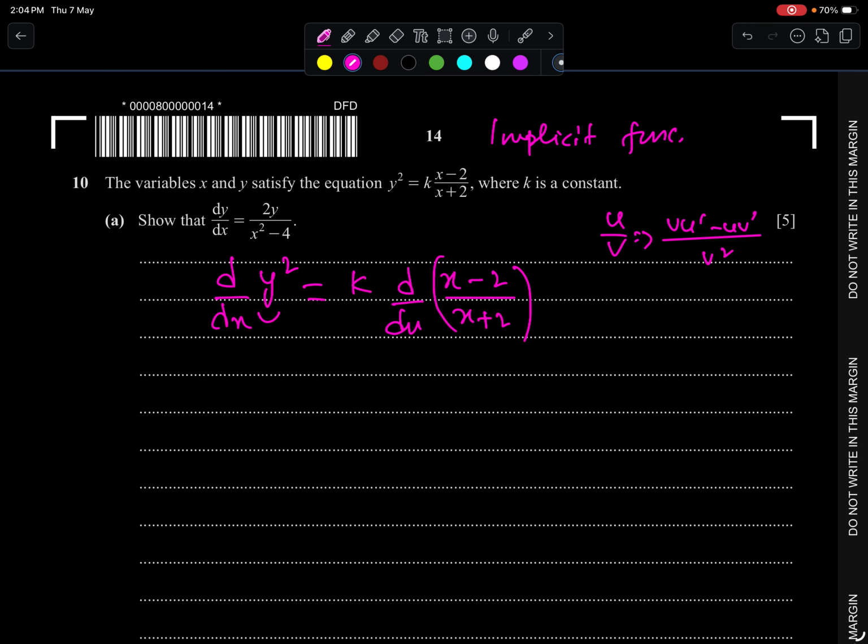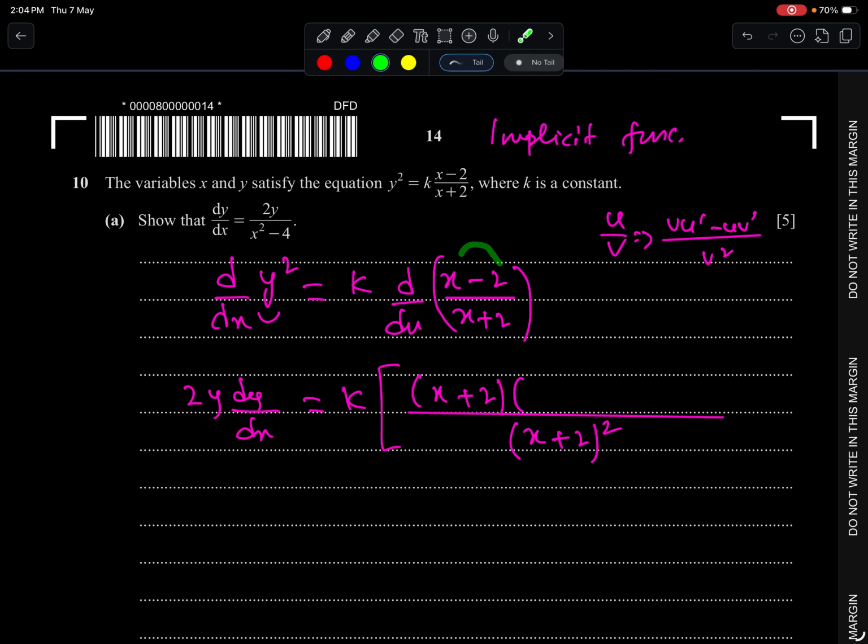This is implicit, so when you differentiate this, you will get 2y dy upon dx. Now apply product rule here. So x upon 2 square, copy x plus 2. Now differentiate u. The differential of x minus 2 is 1.